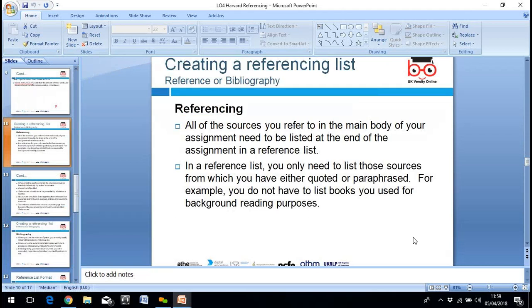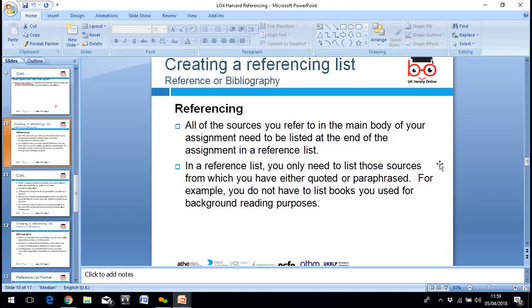All the sources you refer to in the main body of your assignment need to be listed at the end of the assignment in a reference list. In a reference list, you only need to list those sources from which you have either quoted or paraphrased. For example, you don't have to list books that you've used for background reading purposes and not actually put anything in from them.